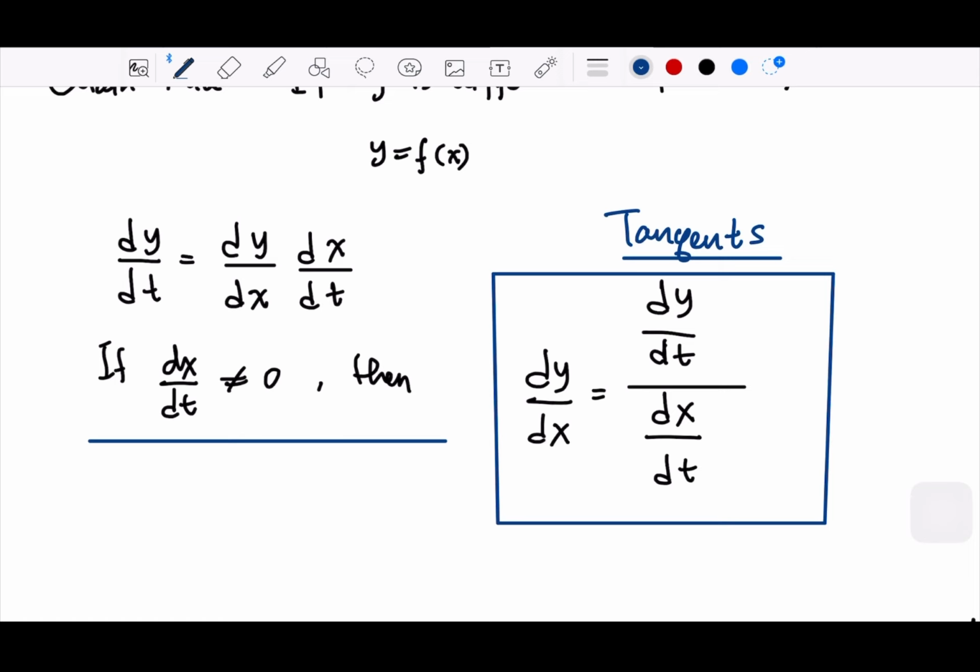So dy over dx becomes the ratio between the velocities. So it's the slope of both of these. Okay? We could say that. So the slope of the tangent, we could also imagine as in physics.